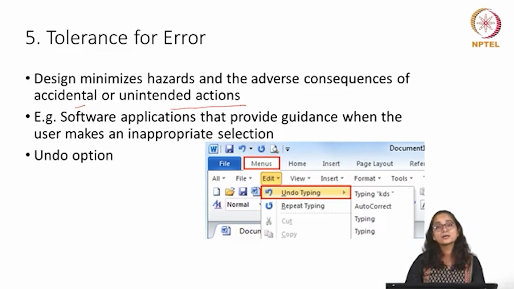Another aspect of tolerance for error is something I am sure you have noticed in your interaction with computer interfaces. When you try to install a new program or run a new exe file, it always asks you a couple of times, are you sure you want to do this? Then you click, and there are two options, yes or no, or okay or cancel or proceed.